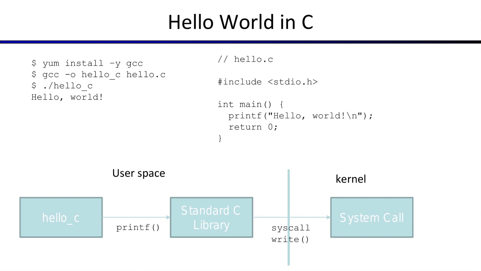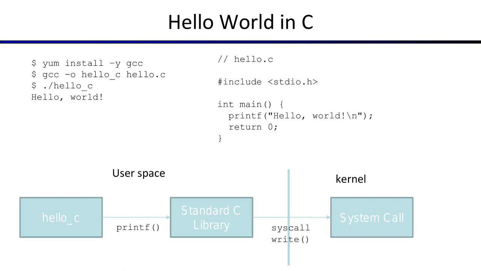And that's it. There are 2 lines of code there, the print and the return. So how does this end up? Well, printf is a standard C library function. That function is going to call the syscall write that we just did.